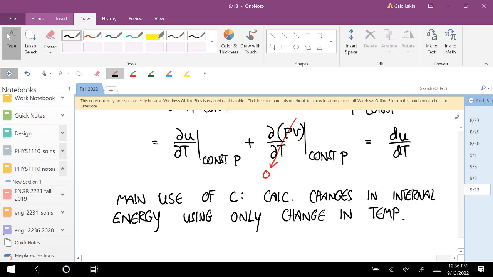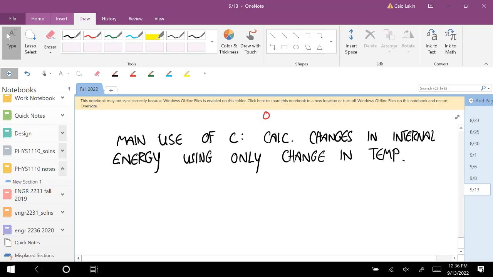And so in Physics 1, if you did any kind of thermal stuff, you definitely did this calculation for liquids and solids. So let's do an example and see how it works.